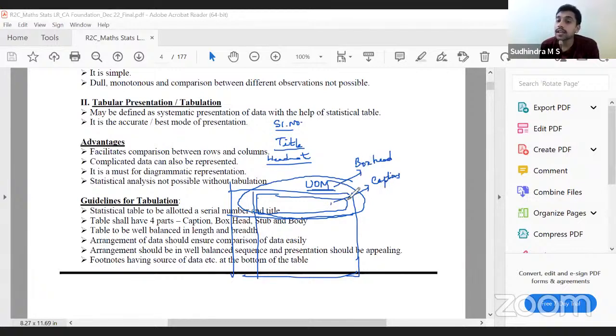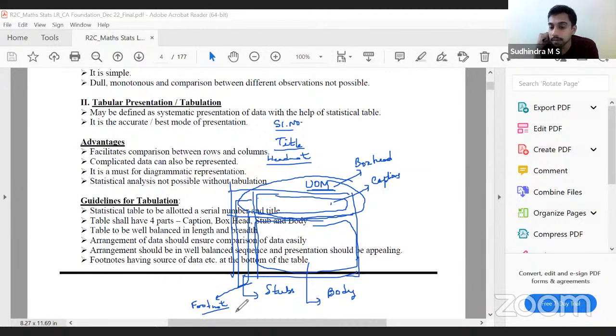Then row headings are called stubs, and the area where the data is presented is called the body of the table. Then if you have any source or abbreviation, etc., it can be brought in the form of footnote. That's all. These are the different parts of the table.